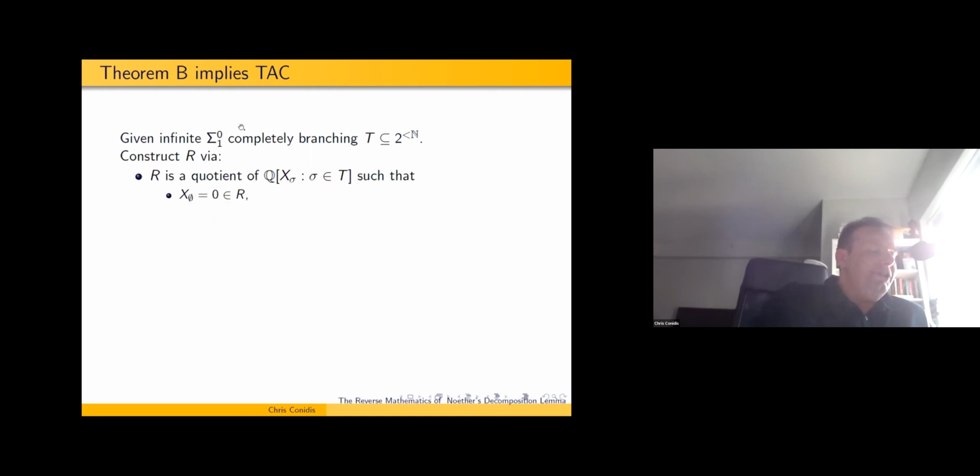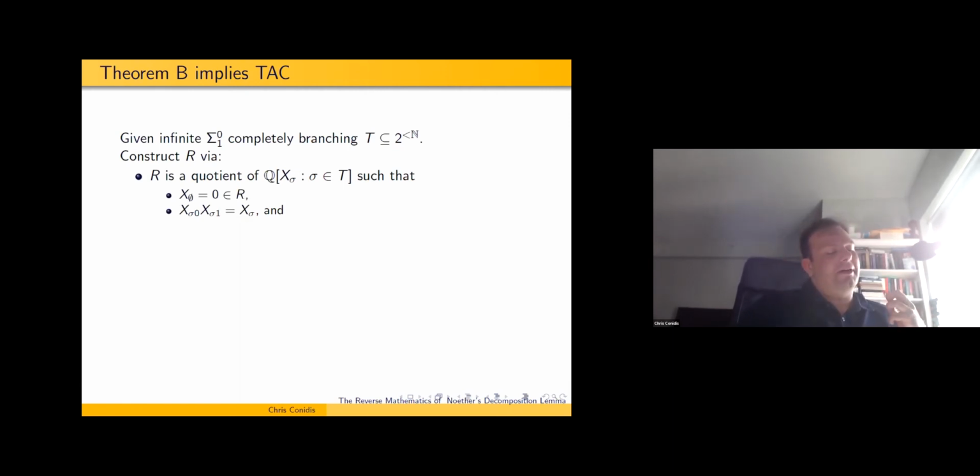Since your tree is completely branching, either a node is going to be terminal or else it's going to split, with both of its children in there. You use that splitting to define the multiplication relation here. The product of the children's indeterminates is going to be σ's indeterminate.